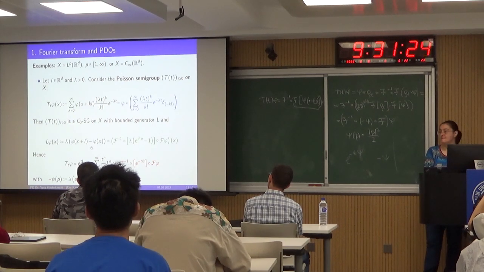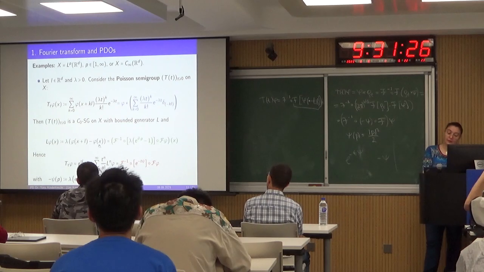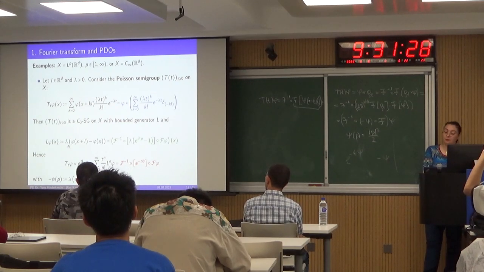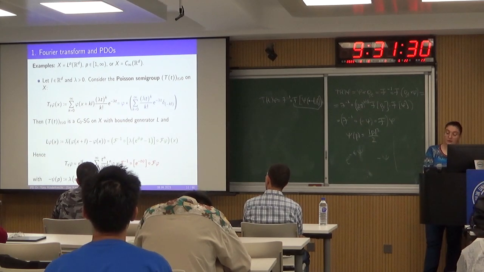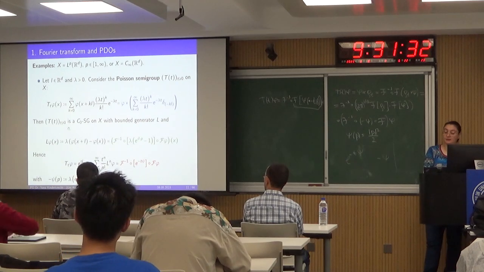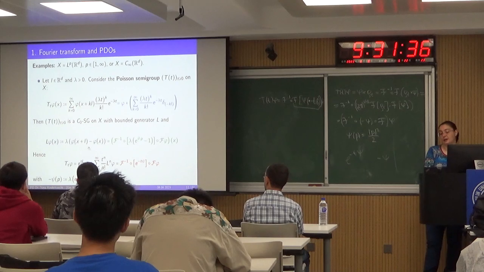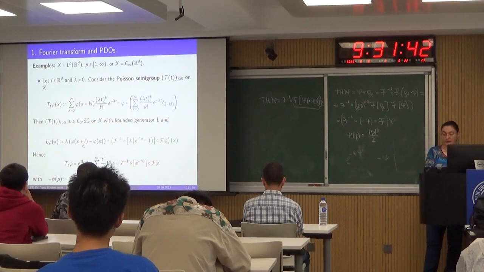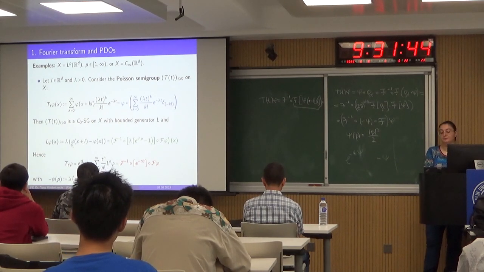Okay? Further, we again use the properties of the Fourier transform. So I just insert here the Fourier inverse composed with Fourier, and then I again use the duality of shift and differentiation with respect to the Fourier transform.